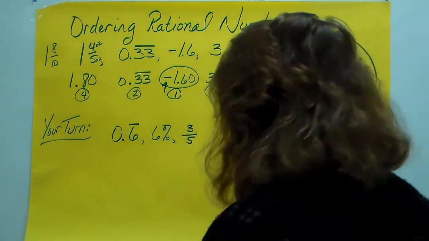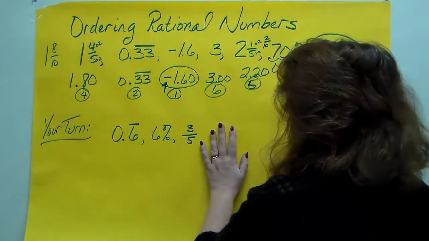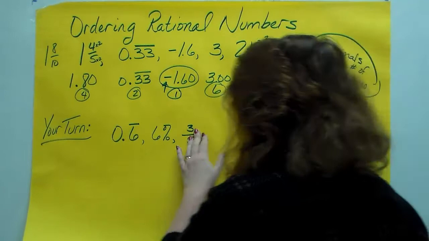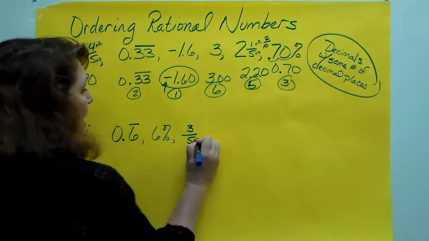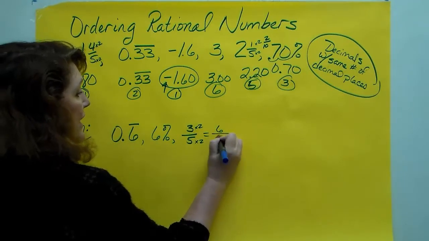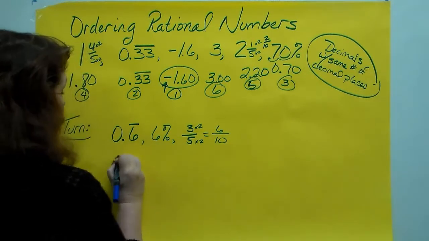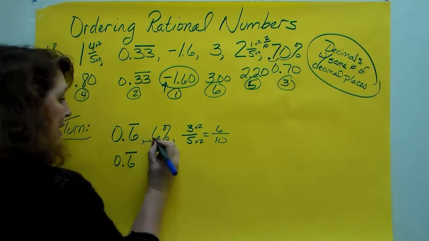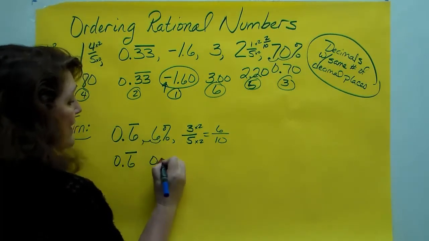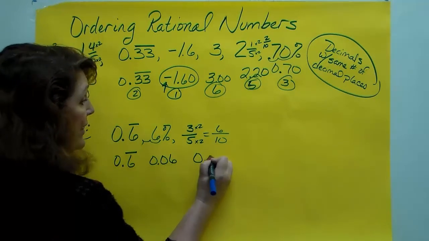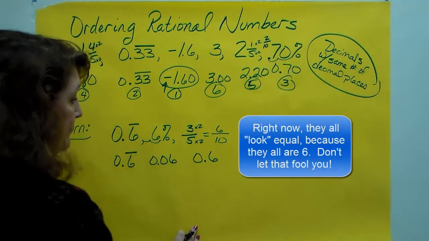All right. So how do we make these all into decimals? I've got a decimal, a percent, and a fraction. First thing I'm going to do is change this fraction. I'm going to go times 2 times 2, and this equals 6 over 10. So now I've got 0.6 bar, 0.06, and 0.6.